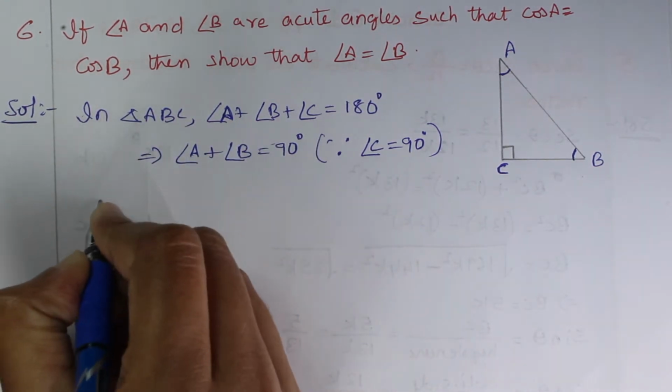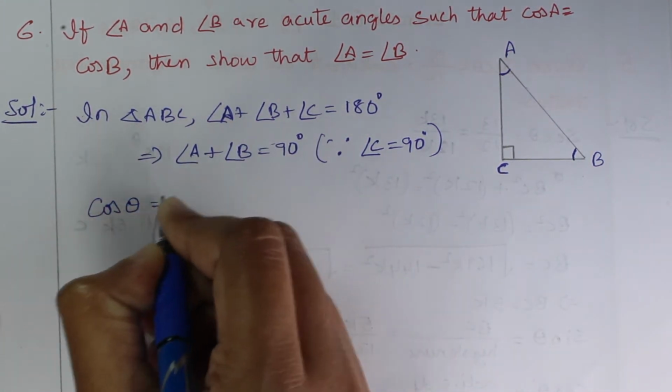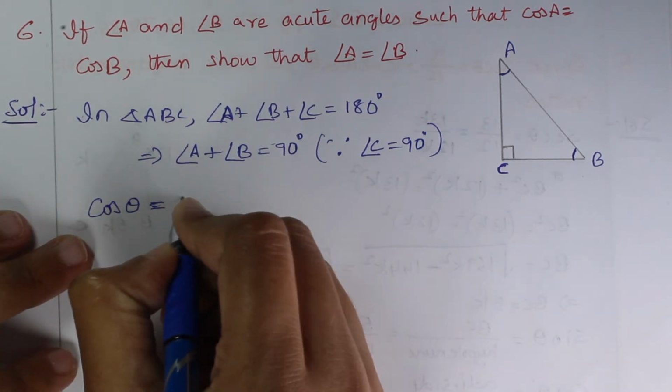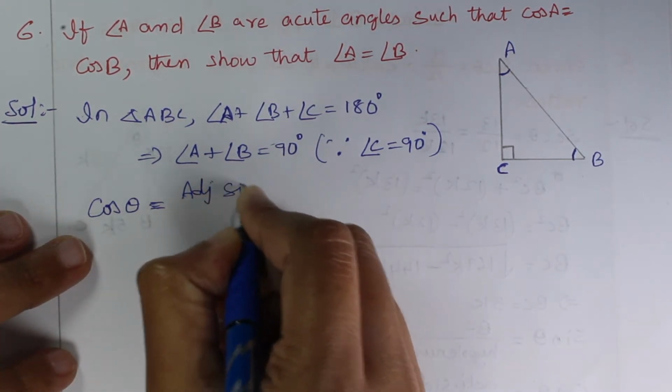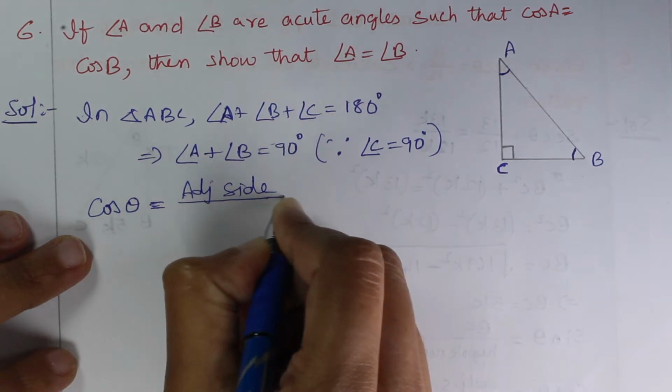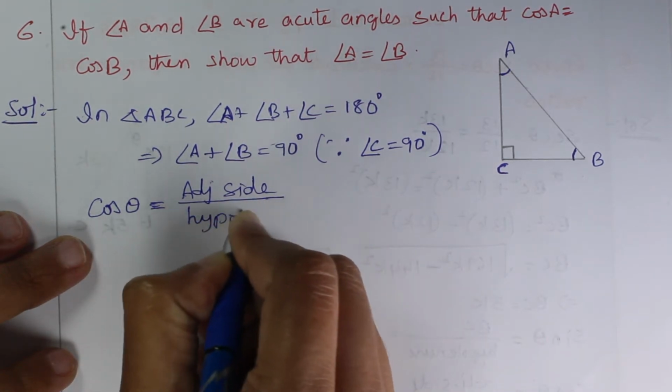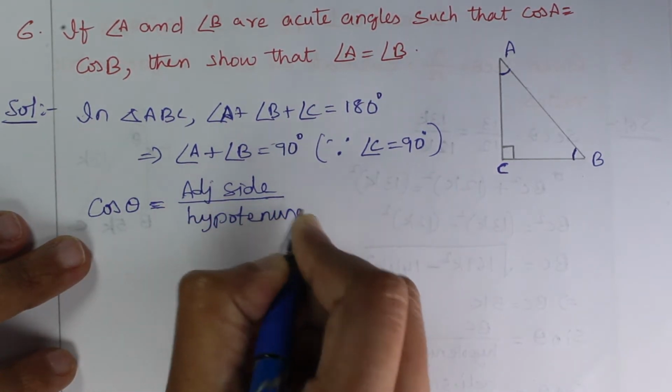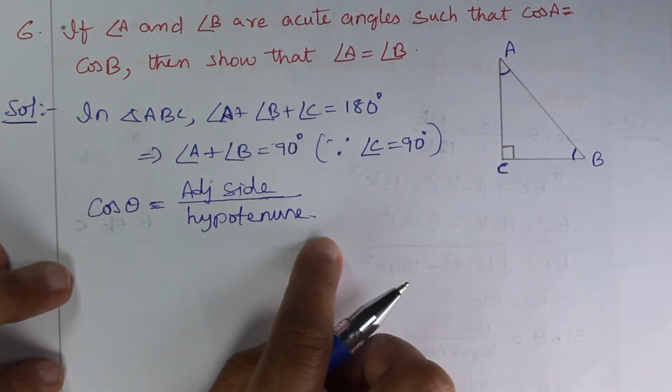Now it is given that cos A is equal to cos B. What is the cos of an angle? Cos theta will become the adjacent side to angle theta divided by hypotenuse. This is the formula for cos of an angle.